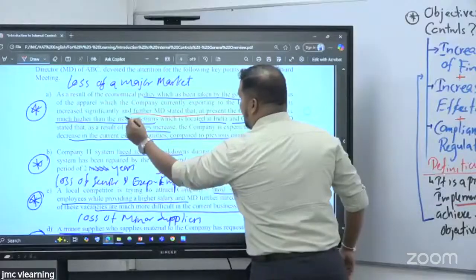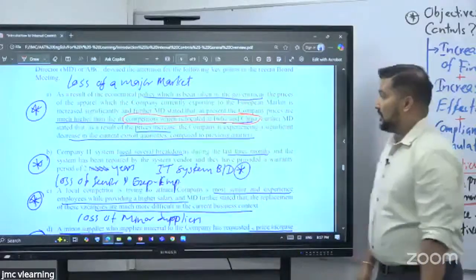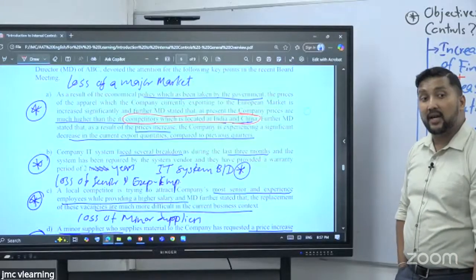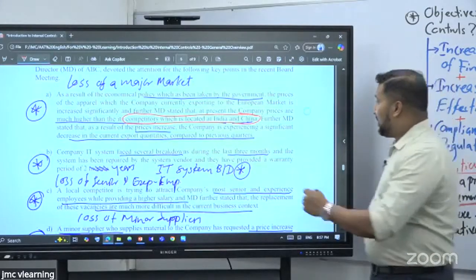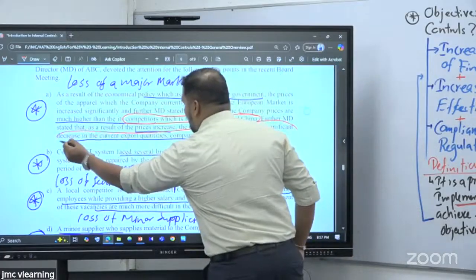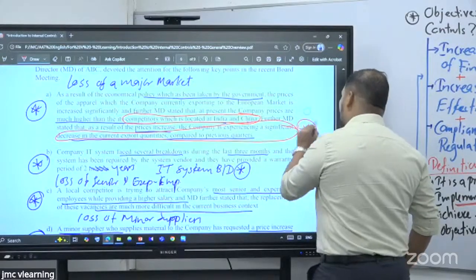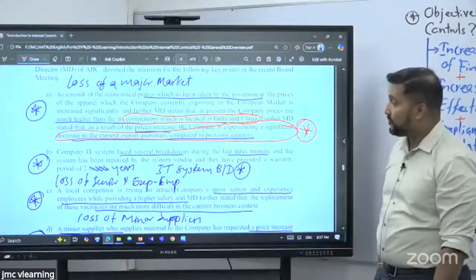Competitors are already exporting at a lesser price than us. Agreed. Our prices are much higher than the competitors, and the company is experiencing a significant decrease in export quantities this quarter compared to the previous quarter. So the occurrence is again high.